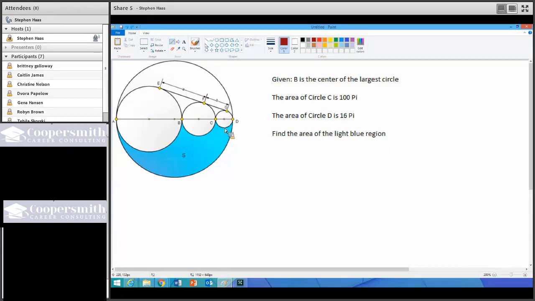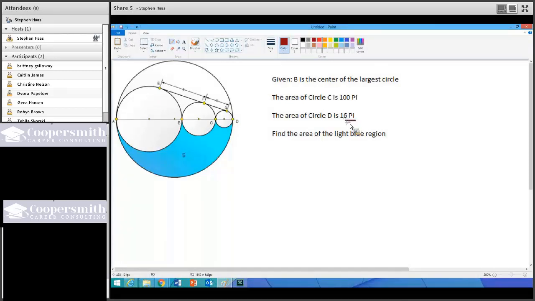Now, the first thing we really need to do, in order to figure out the area of the entire circle, and the areas of this circle here, is find the radii. So let's try to find the radii of each of these little circles. Circle D. The area of circle D is 16 pi. What does that tell us about the radius of circle D?